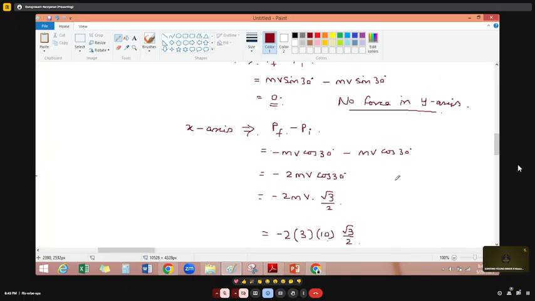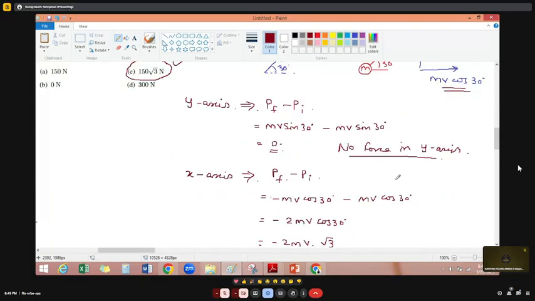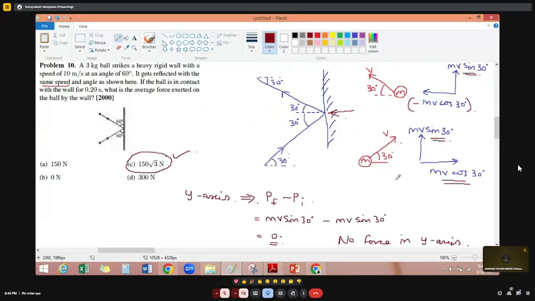Any questions? Very easy problem, even though it looks very complicated. You will get many questions like this.